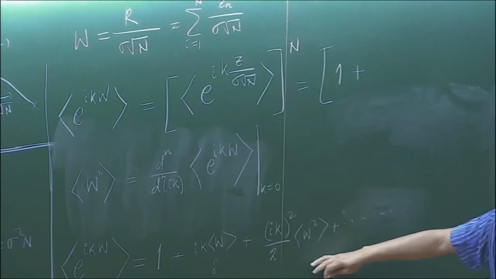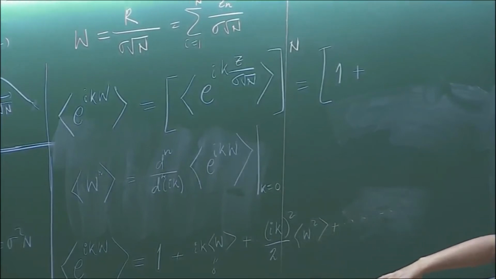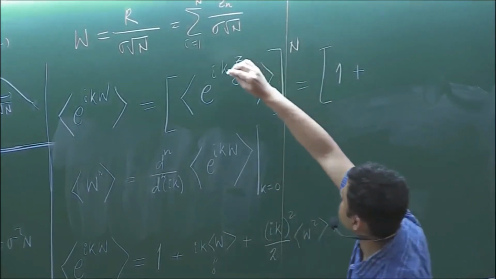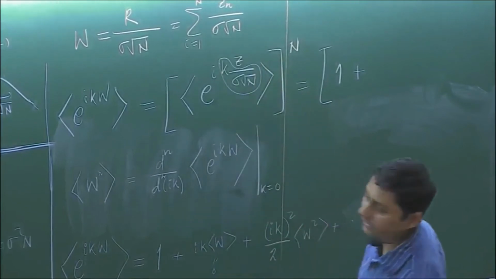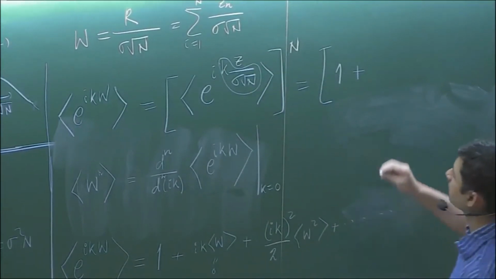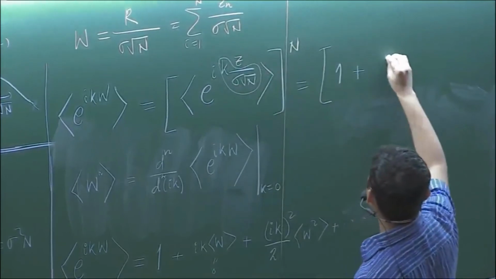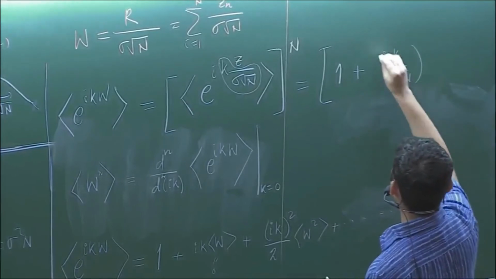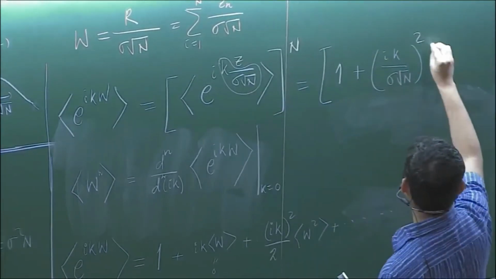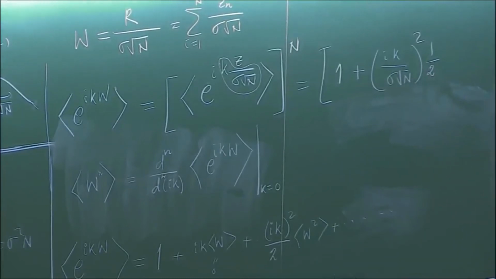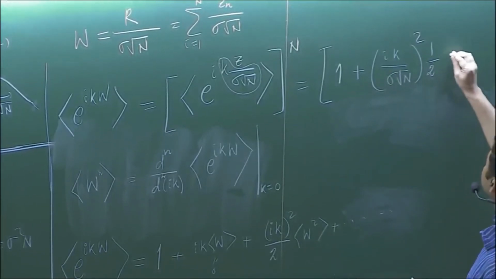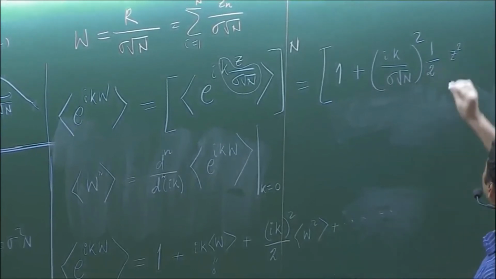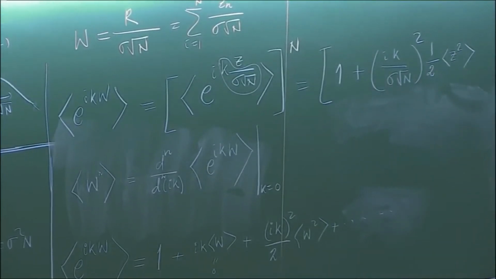So what will be the third term? The third term is this one, right? So what is k? My k is now this whole thing, right? So it is i k by sigma square root of n, the whole square, then half, right? And z square, right?